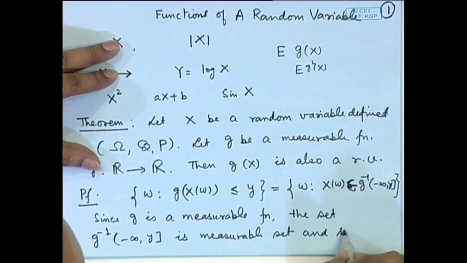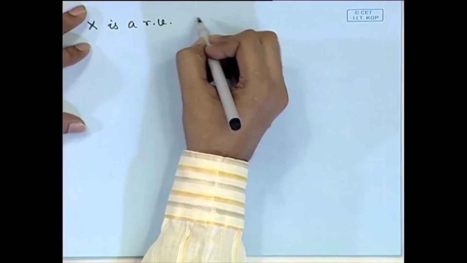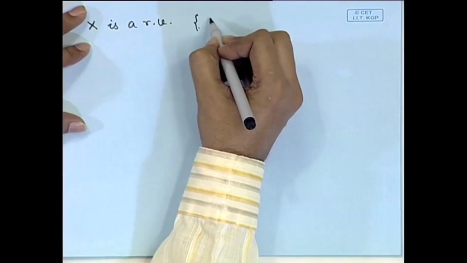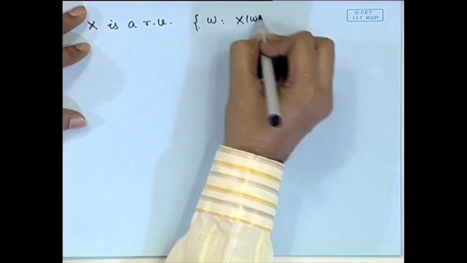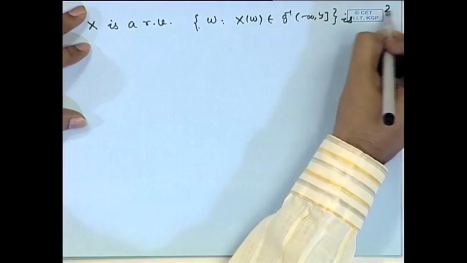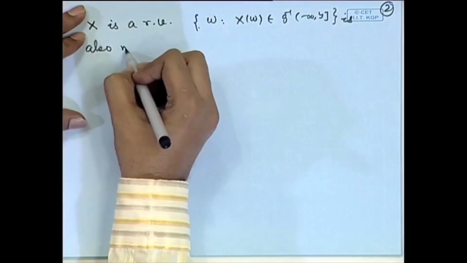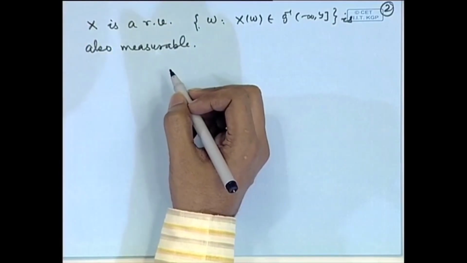And since X is a random variable, the set of omega such that X(omega) belongs to g inverse of minus infinity to y is also measurable. So, in general we will be considering measurable functions of random variables, to ensure that they are also random variables, and then we can study the probability distributions.